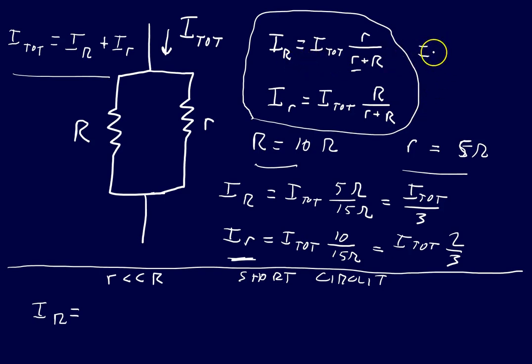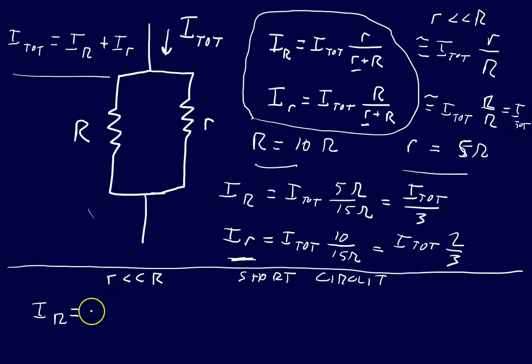And so for I of R, it's going to be I total R over big R. And in this case over here, we can again neglect the little r because it's just so tiny that adding it to that big R makes no difference. And I get R over R. I should say that these are both approximate cases, for the situation when little r is much, much less than big R. And if you get R divided by R, that just equals I total.